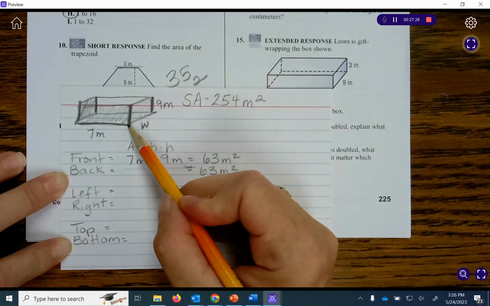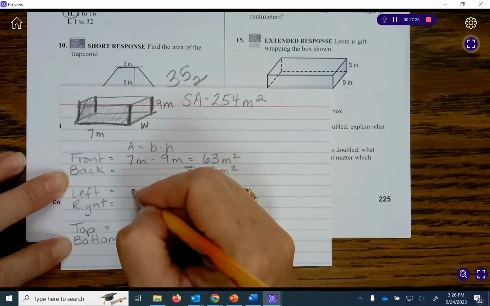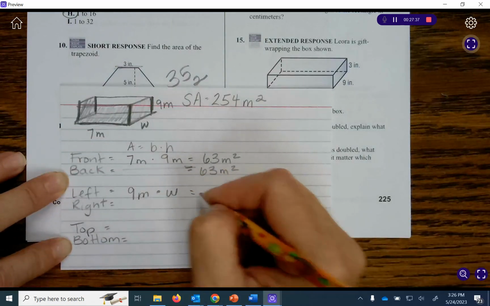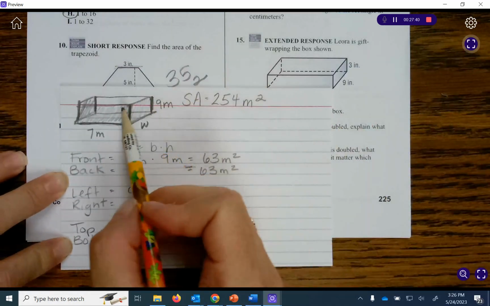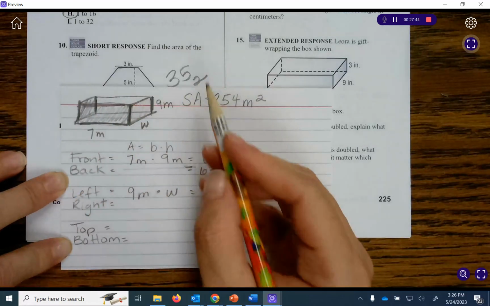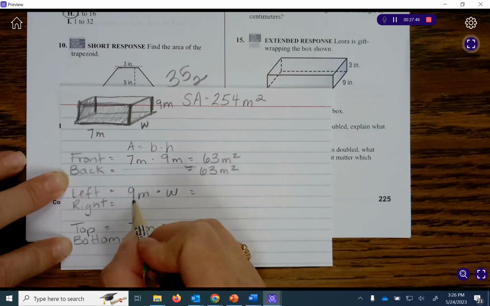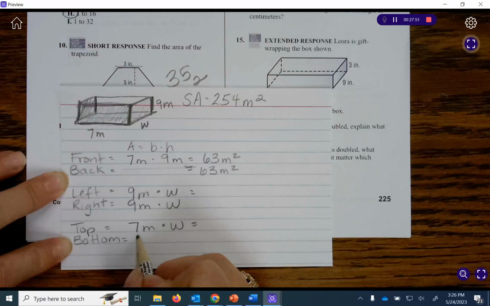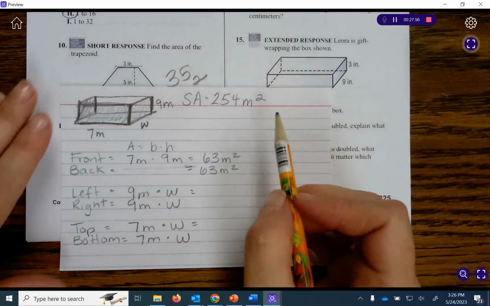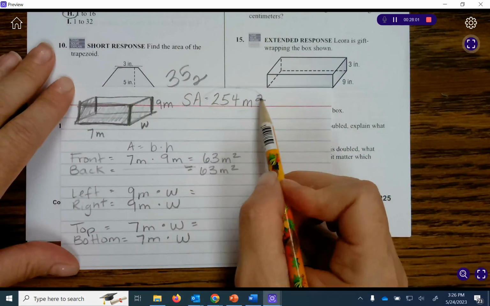Well, I see here W and 9. I don't know what the width is, so I'm just going to write 9 meters times W. And the top I see here is 7, and this is W. So I'm going to write 7 meters times W.